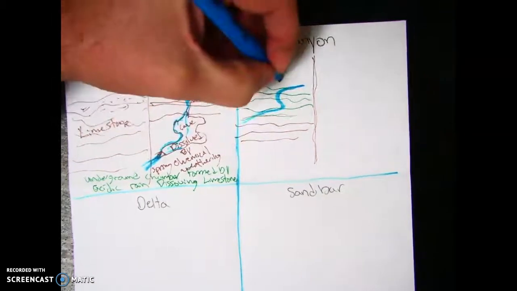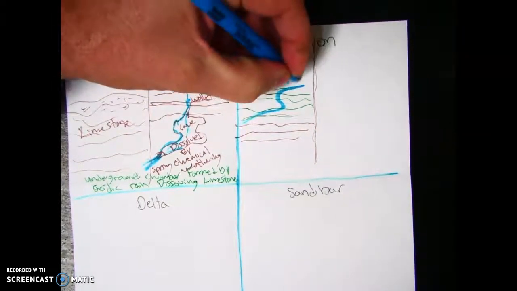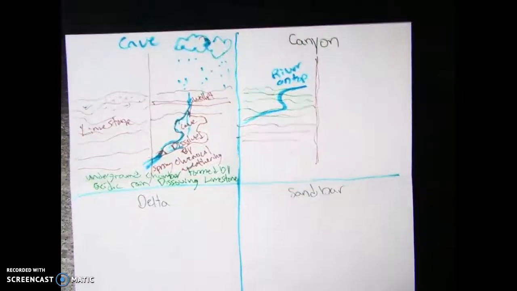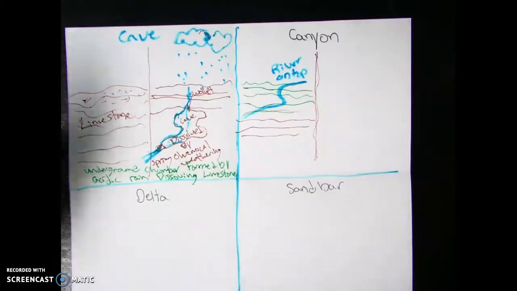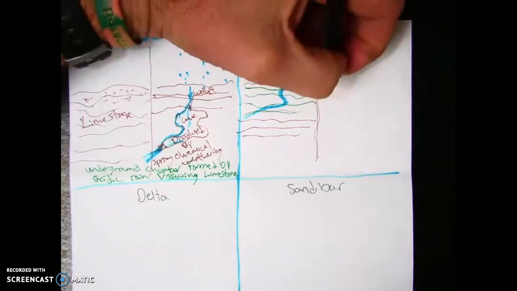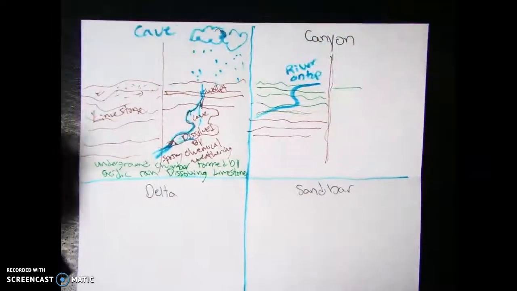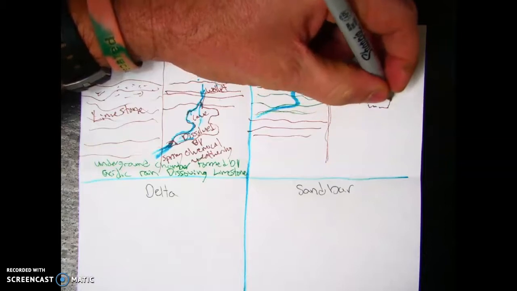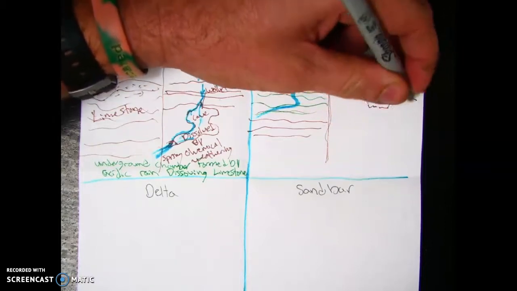Okay, so this is on top of the ground. And then our river is going to start to cut away at those layers.